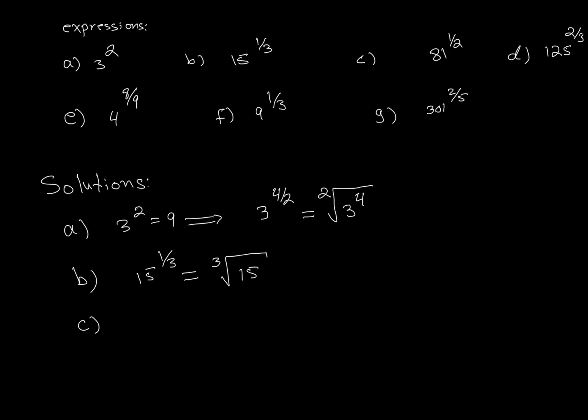C is 81 to the power 1 over 2. So we can write down this one. The index here is 2 for 81. We don't write it.